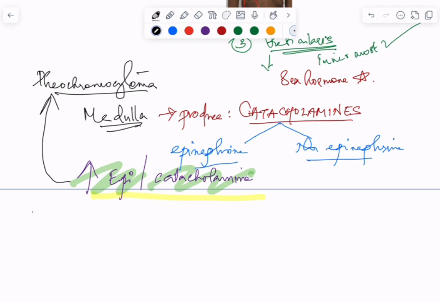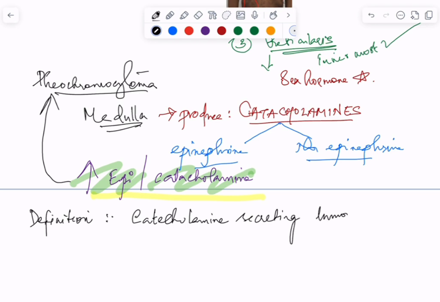So the definition of pheochromocytoma is a catecholamine secreting tumor formed by chromaffin cells within the adrenal medulla.